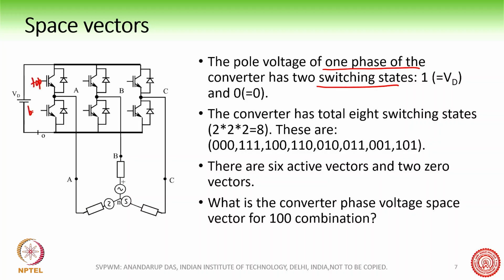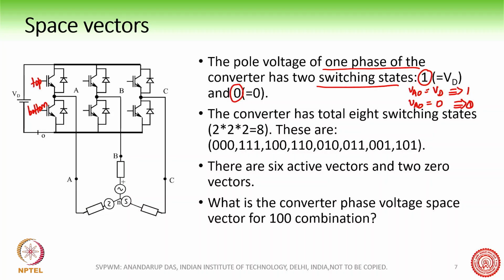When you turn on the top switch, VAO is equal to VD, which is denoted by 1 here, and if you turn on the lower switch, VAO is 0, which is denoted by 0 here. So 1 and 0 are the two switching states of one leg of the voltage source converter.